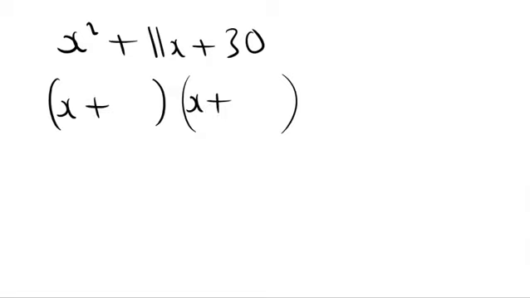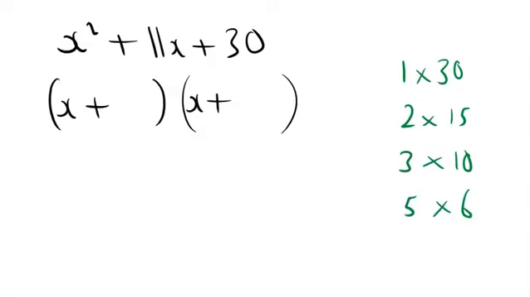And to make 30, what it could be is any of the following: 1 times 30, 2 times 15, 3 times 10, or 5 times 6. There are 4 possible ways to get 30 as a product.